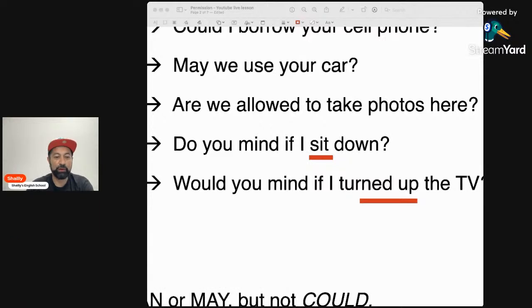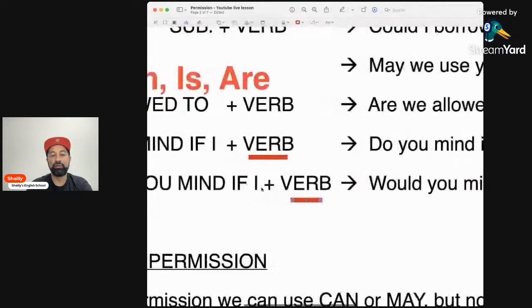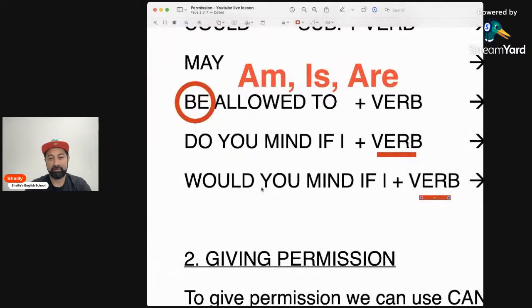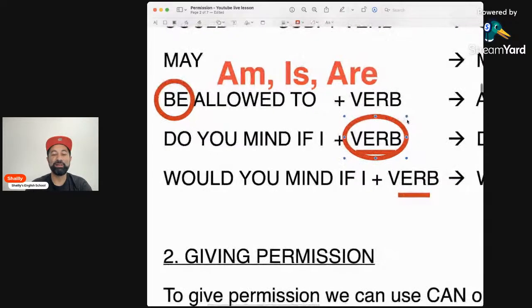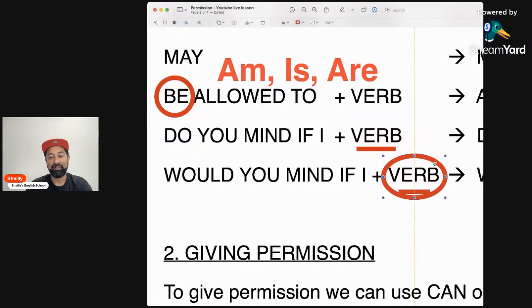Yes, so if you look, "would you mind" has a past tense verb, and "do you mind" has a present tense verb. This is something that you have to remember. Whenever we are using "do you mind," you have to use a present tense verb. And when you use "would you mind," this verb must be past tense.